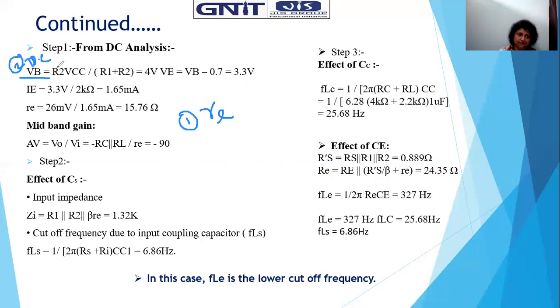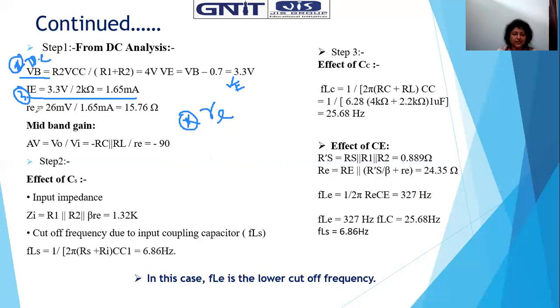Then after getting VB, we can easily calculate IE. So to calculate RE, the first step is we require DC analysis, from where we get VB, VE, and then IE. We need to find IE. While we are getting IE, we can calculate RE. So we are getting RE this way.